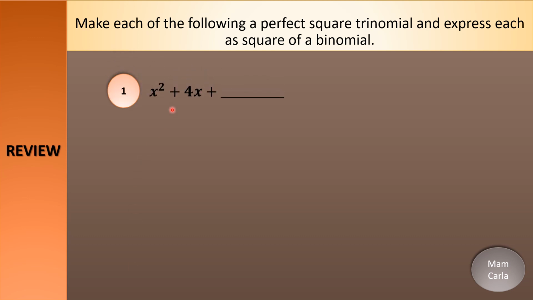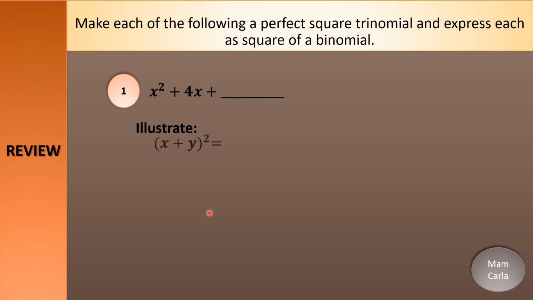Let us make x squared plus 4x plus blank a perfect square trinomial, and then afterwards express it as a square of a binomial. So let us illustrate first that a perfect square trinomial is actually obtained from the square of a binomial.